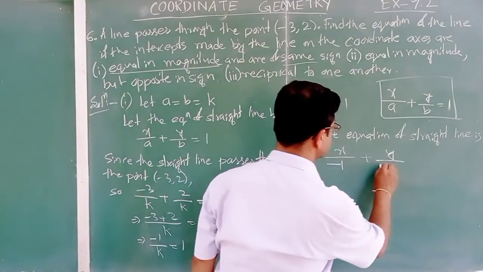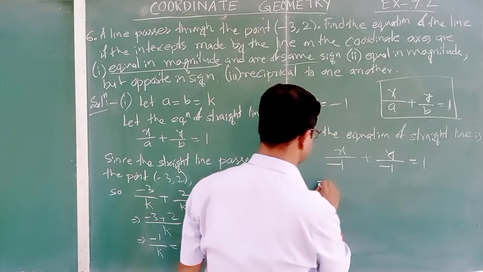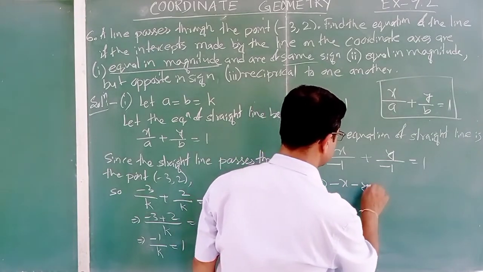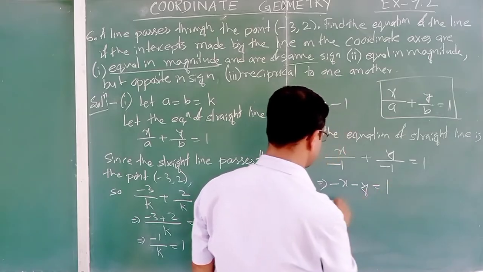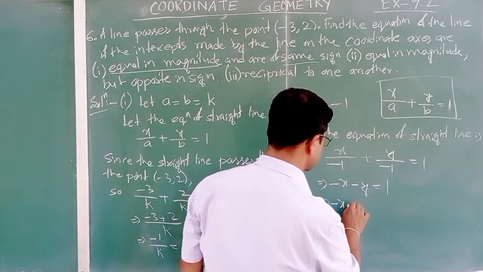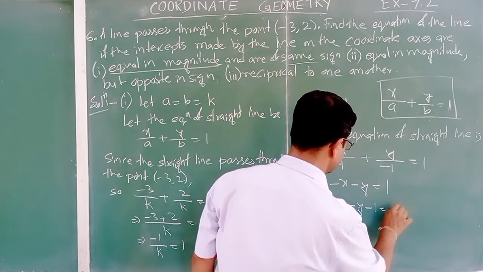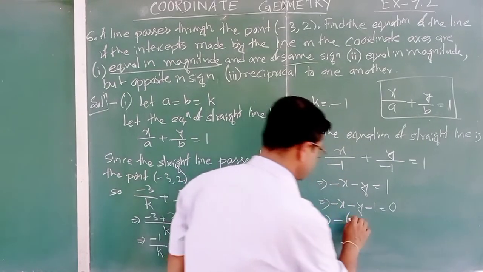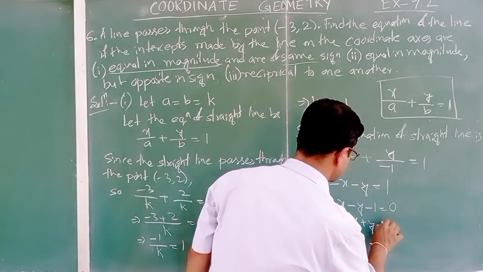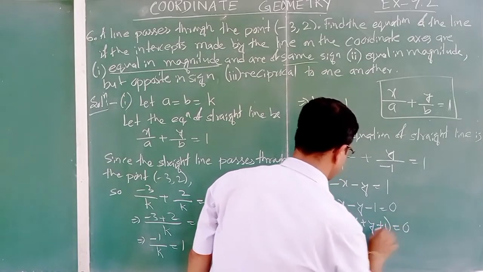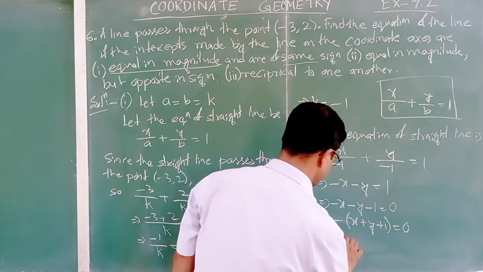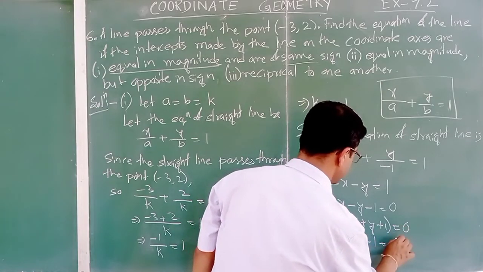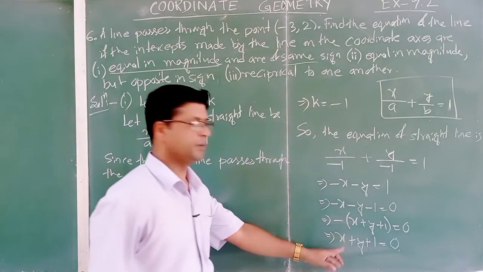So this is -1, this is also -1, equal to 1. So this is x by -1 is -x, this is -y, equal to 1. Let us bring everything to this side: -x minus y minus 1 is equal to 0. -1 is taken common, that means x plus y plus 1 is equal to 0. Let us multiply both sides by -1, so x plus y plus 1 equal to 0. So this is the equation of the straight line.